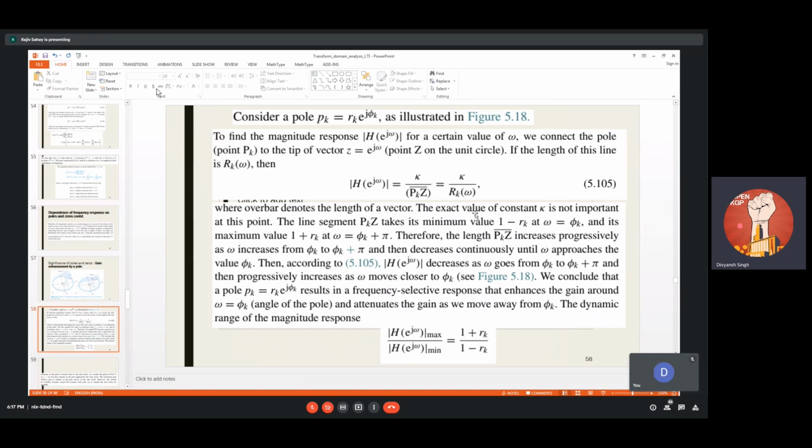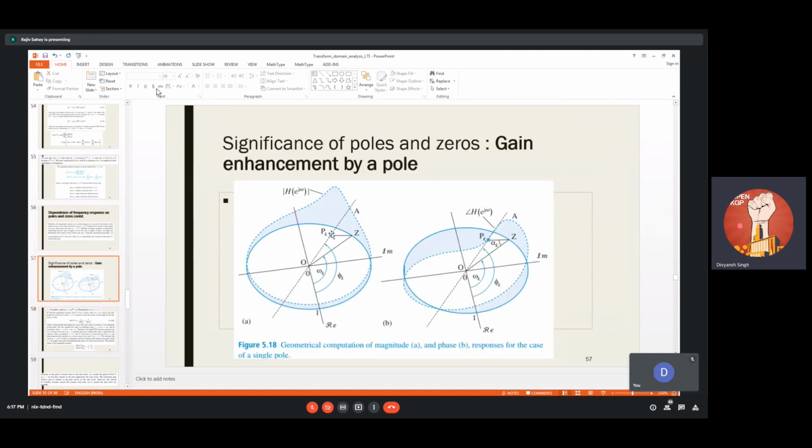Okay. So the exact value of the constant kappa: the line segment PkZ takes its minimum value 1 minus rk at omega equal to phi k. So I was explaining that if this length is rk, then PkZ will reduce. When Pk is here and Z is here, that distance is small, 1 minus rk. This distance is rk.